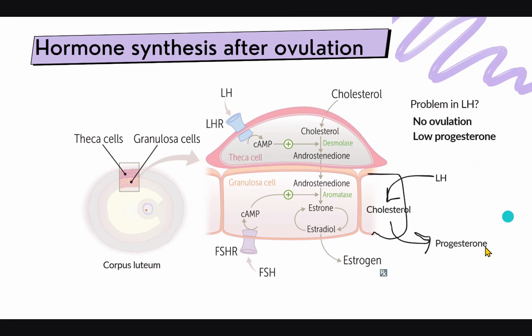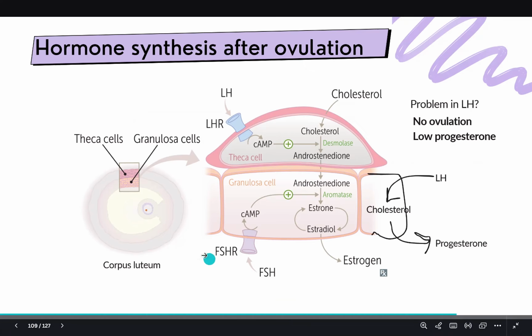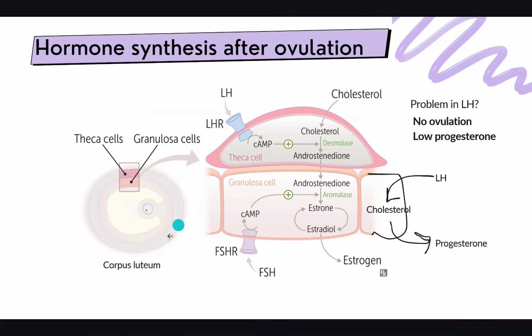What happens after ovulation? After ovulation, we have the corpus luteum. The corpus luteum is formed because of, again, eating up fat, you could say. So there's fat stored inside, and we call them theca lutein cells and granulosa lutein cells. Now, the cells over here just change their names. However, the function is the same. What happens in theca cells? Again, LH attaches, and it converts cholesterol to androstenedione. Androstenedione moves on to the granulosa cell.